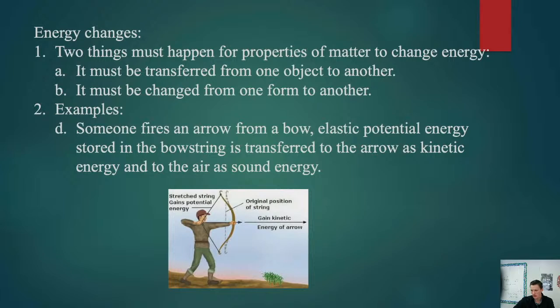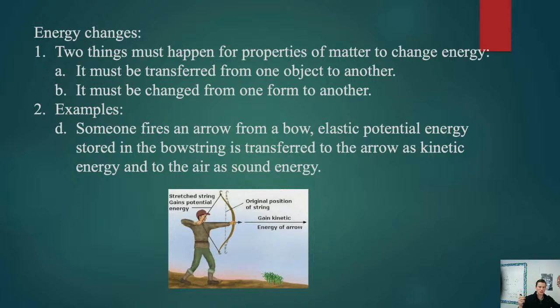Another example. Lots of examples. Someone fires an arrow from a bow. Elastic potential energy is stored in the bowstring. So the bow can create energy, but it hasn't yet. It is transferred to the arrow, right? So potential energy in the bowstring. If you ever have shot a bow and arrow, you snap the bow.